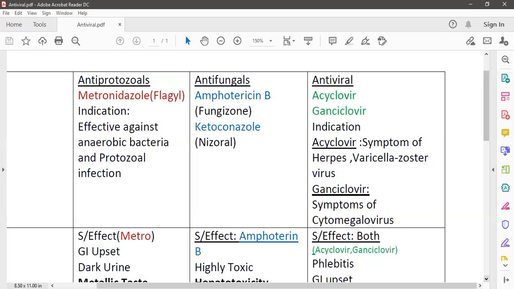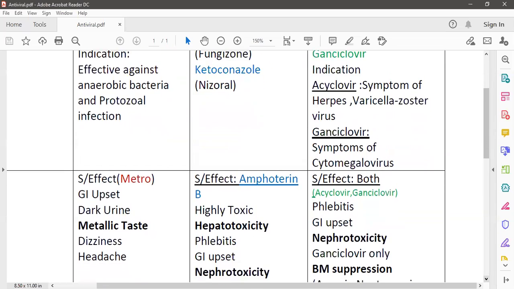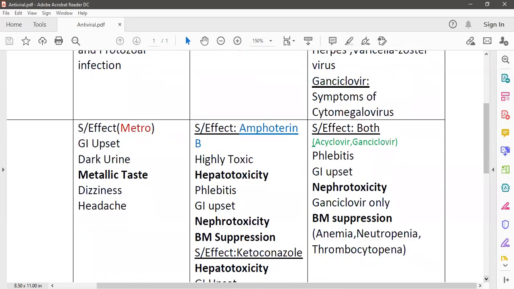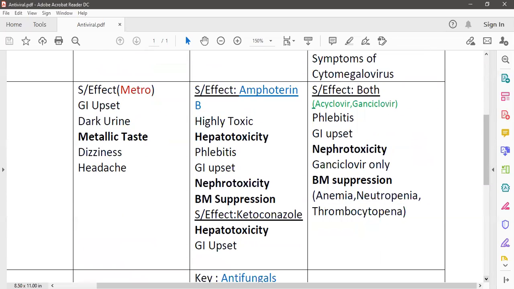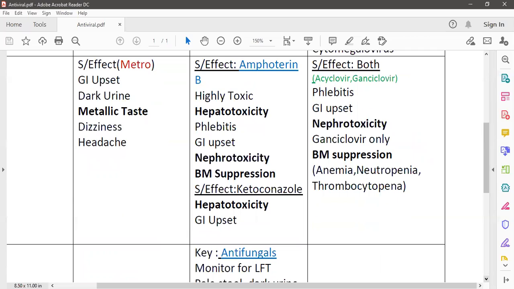The side effect we should know about antifungals here is that they're highly toxic to your liver and highly toxic to your kidney, right? So if you prescribe these two medications, we always monitor liver function and kidney function, because they are hepatotoxic.